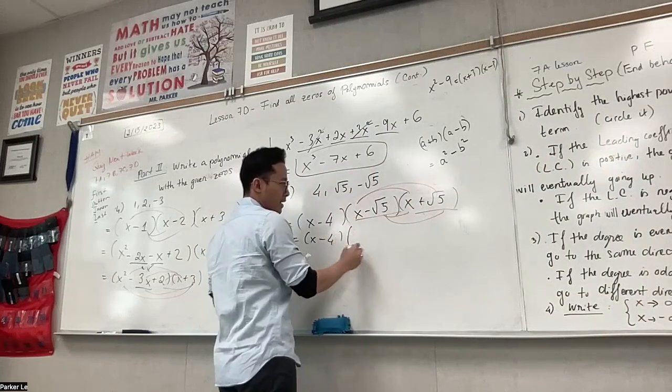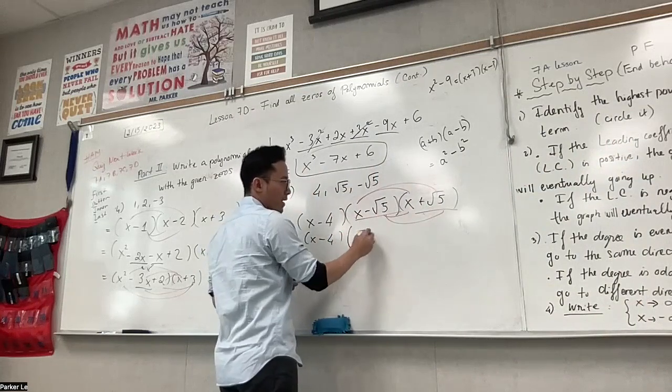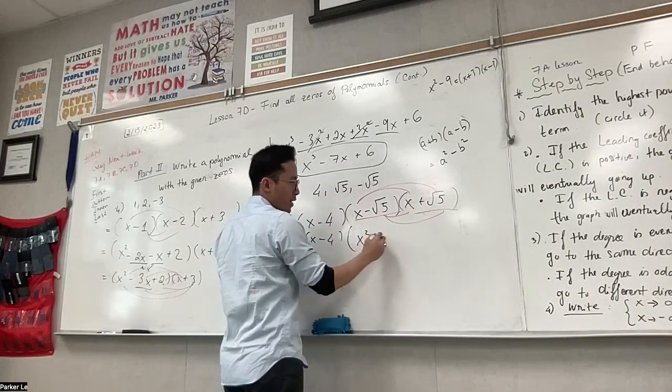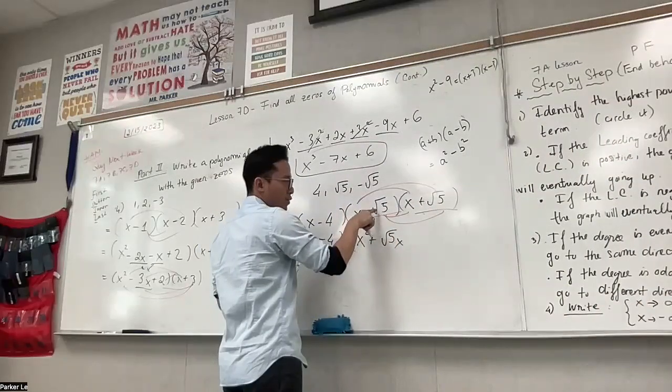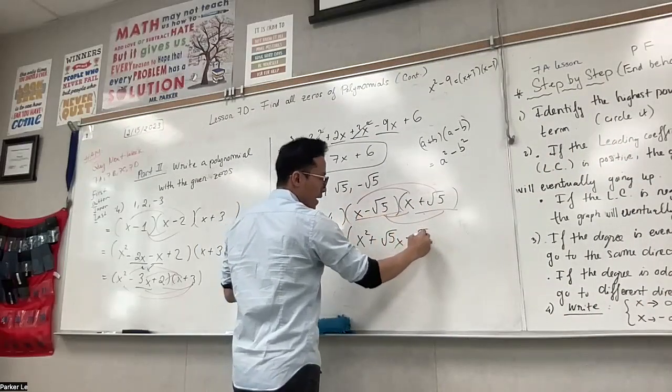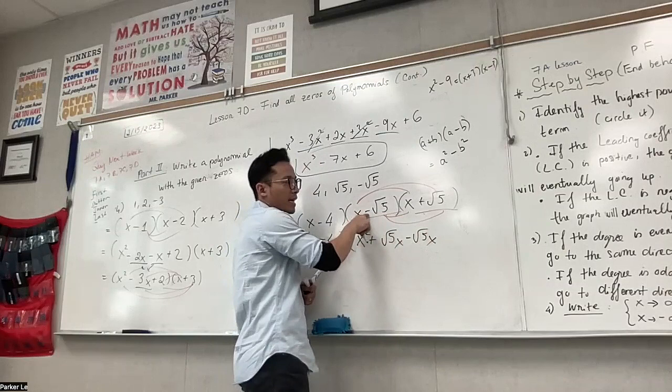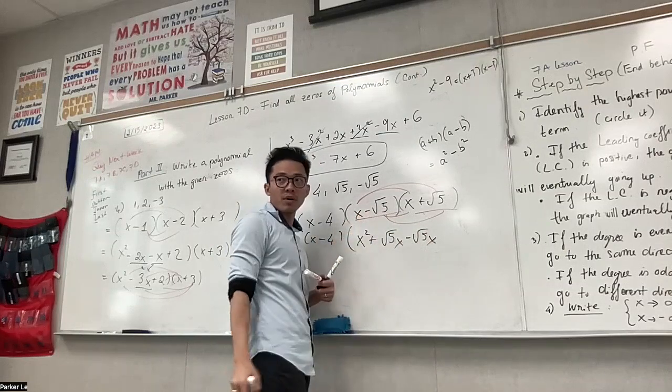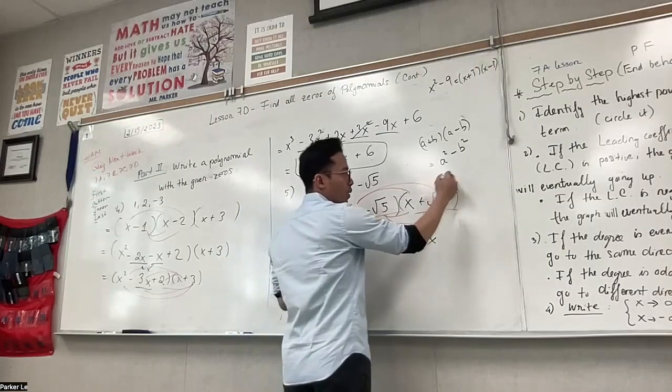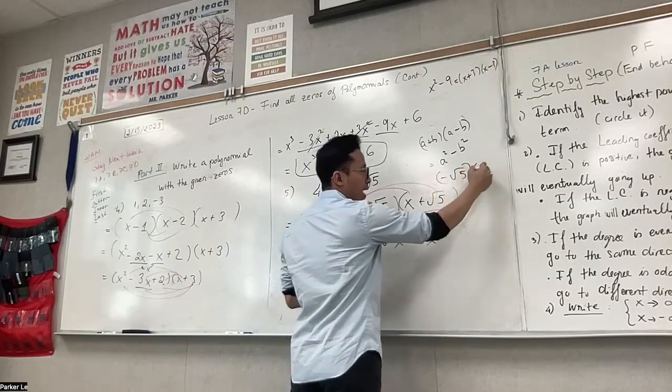That is very easy. X times x is x squared, right? X times square root of 5, what do you have? Square root of 5x. And then negative square root of 5 times x. What is negative square root of 5 times square root of 5?